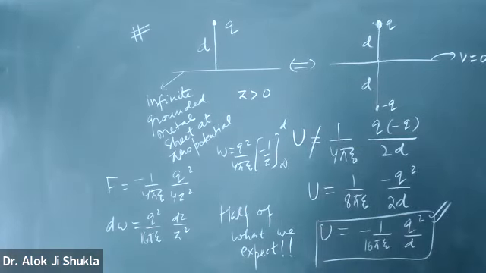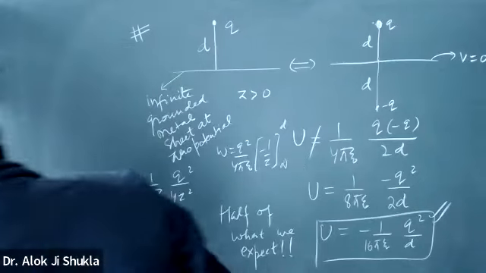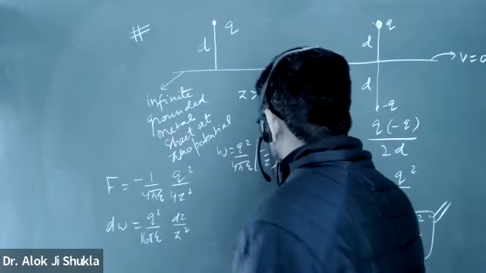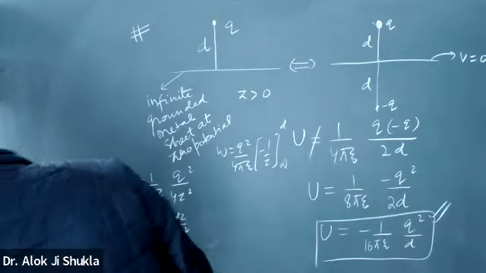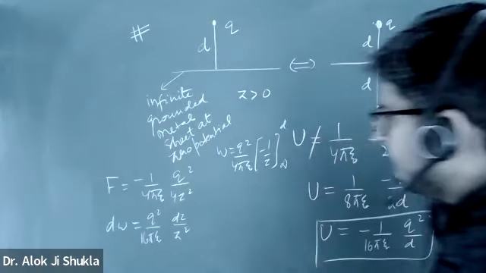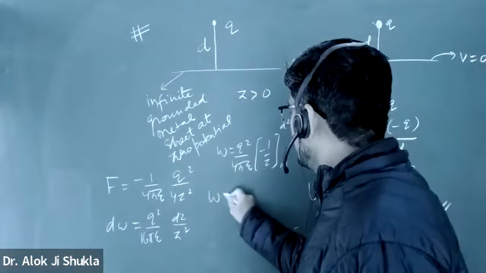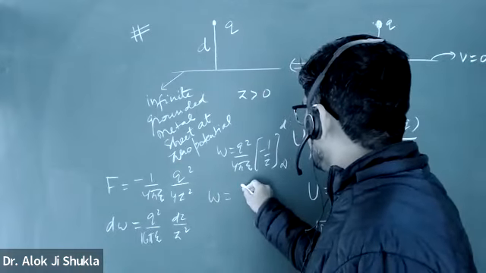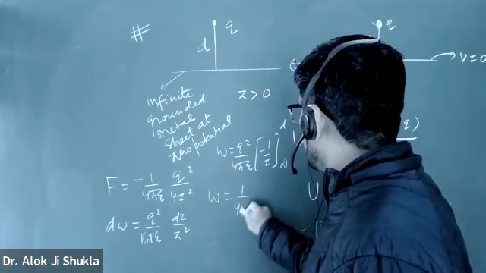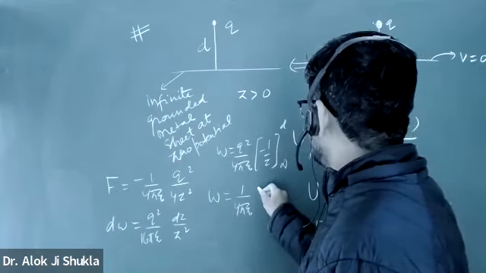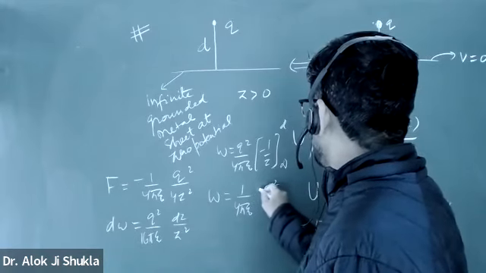dW, minus नहीं आएगा. Just wait. So this will become W is equal to 1 upon 4 pi epsilon naught minus q square by d.